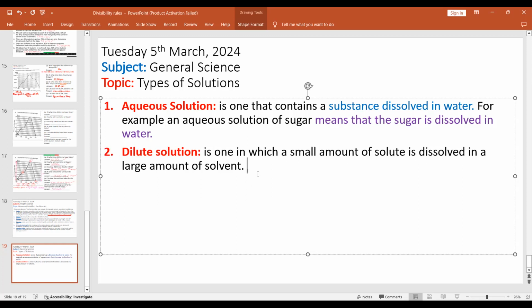Okay. Then obviously the opposite of that is going to be a concentrated solution.